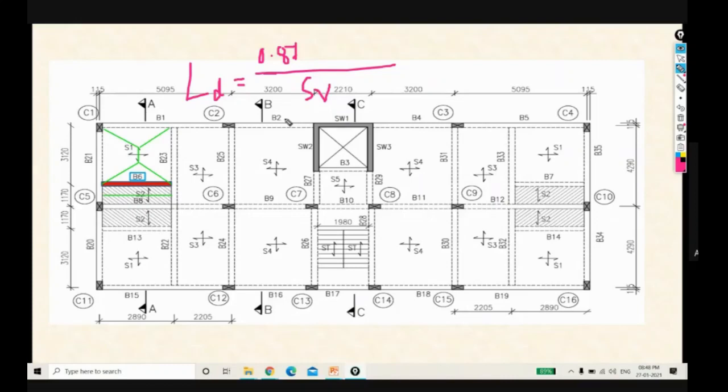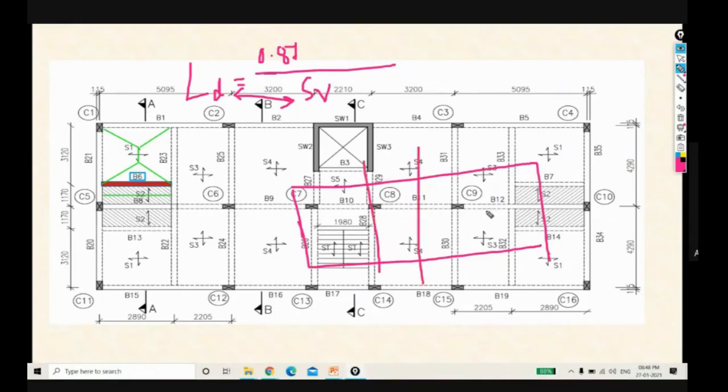Okay. So this formula is there to calculate spacing as well as the length. Let's say this is our beam, and if we consider only two zones, 2 1 and 1 2 1 like this.